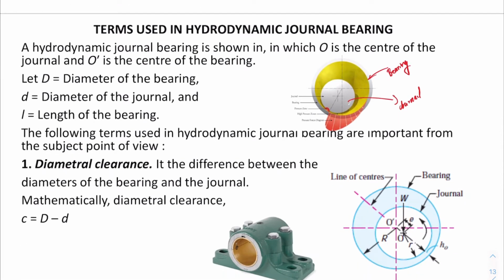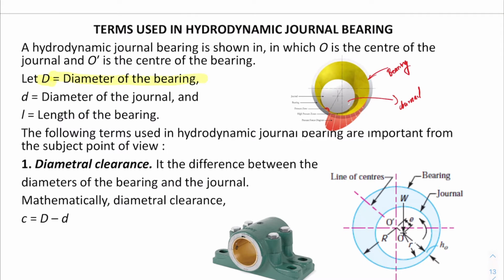Don't forget to check my previous video regarding how it works and what phenomena happen inside a hydrodynamic bearing. Okay, let's jump into the factors. The first one that you should remember, we denote as capital D, which means the diameter of the bearing.